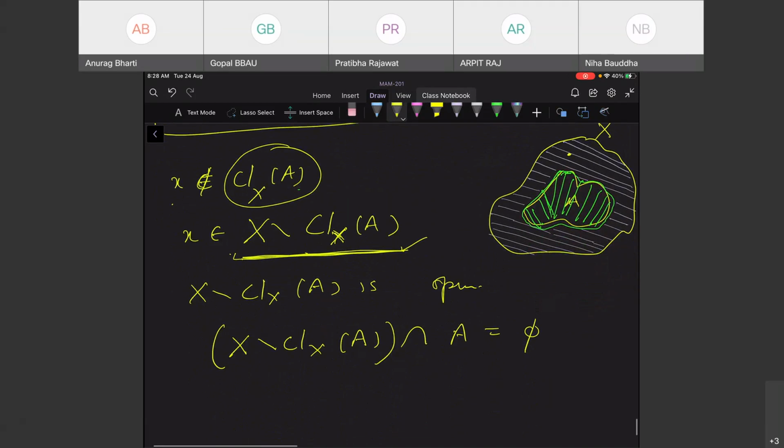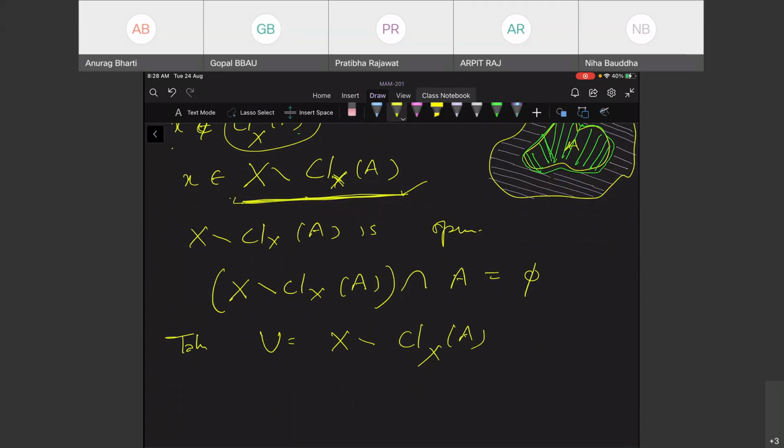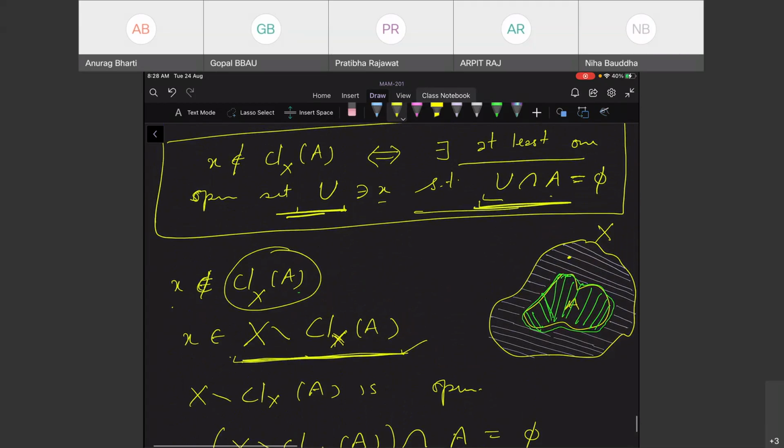Take U equal to X minus closure of A in X. This is open and U intersection A is empty. So this is what we wanted to prove. Any doubt?